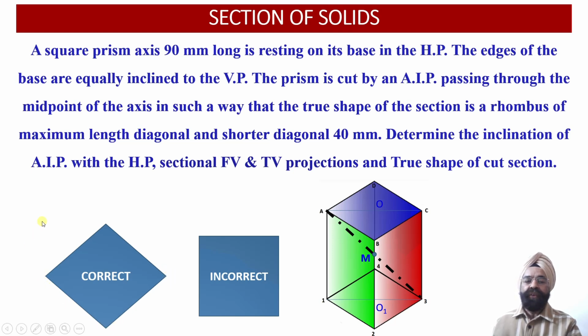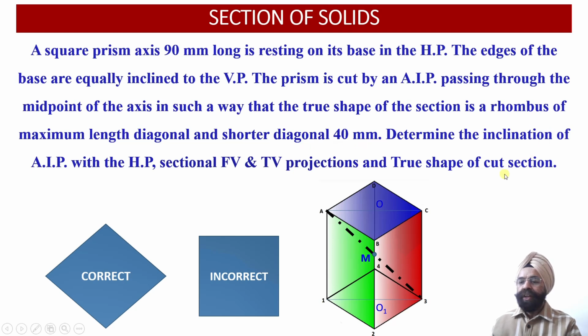Now you see that whenever we are going to project the square base into this orientation onto the horizontal plane in the top view projections, here we are going to draw the front view projections of the square prism. Now when we obtain the true shape of this cut section onto the auxiliary inclined plane, the dimension of the minor diagonal of the rhombus has been provided to us as 40 millimeter, because we have been told that the shorter diagonal of this rhombus is 40 millimeter.